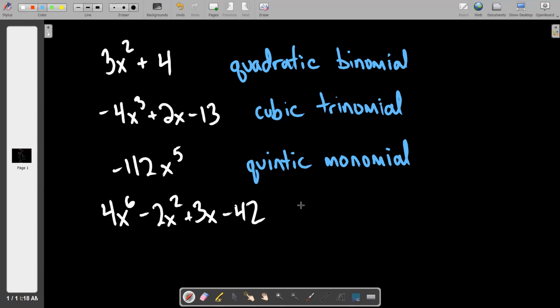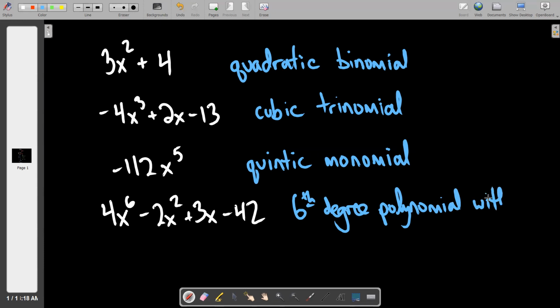So this we would just call a 6th degree polynomial with 4 terms. Kind of lame, huh? But that's that. So once we run out of words, we just don't use them. We just use normal words.